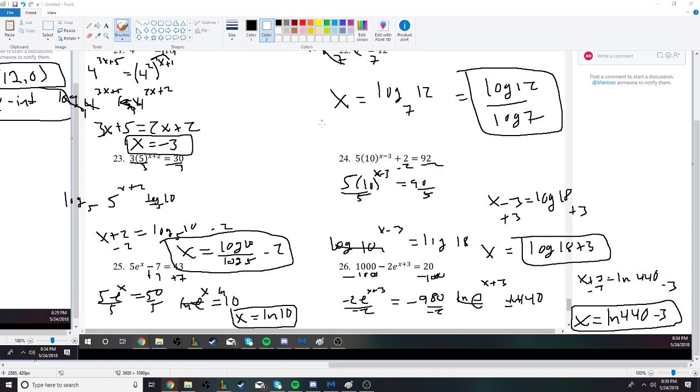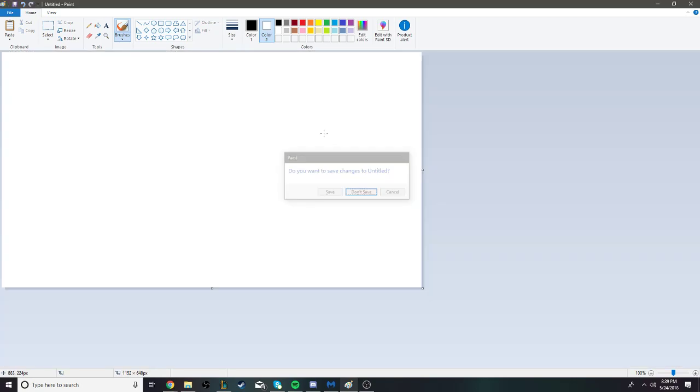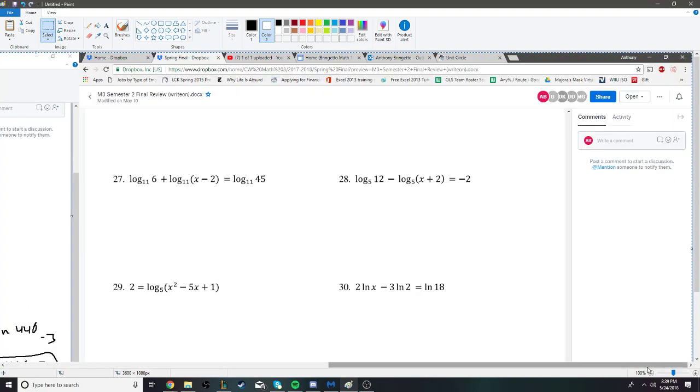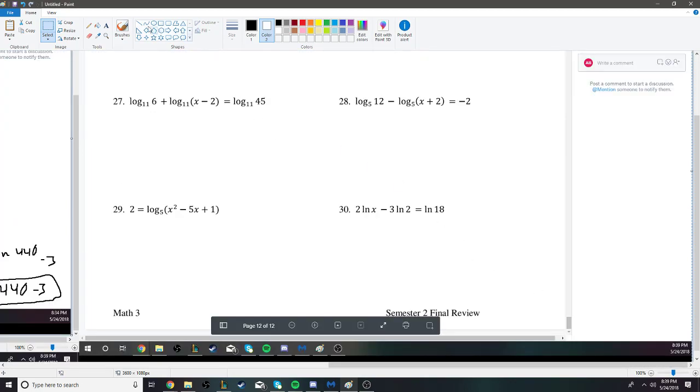Last 4 problems. Okay, so plus, we have to condense them first. Plus means you're going to multiply. So this is log base 11 of 6 times x minus 2 equals log base 11 of 45.